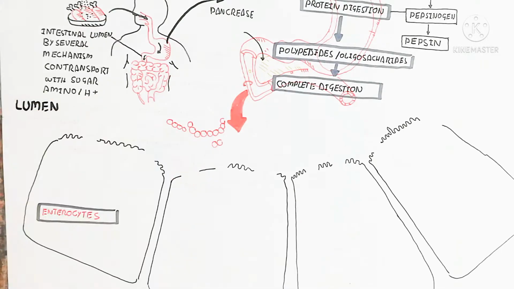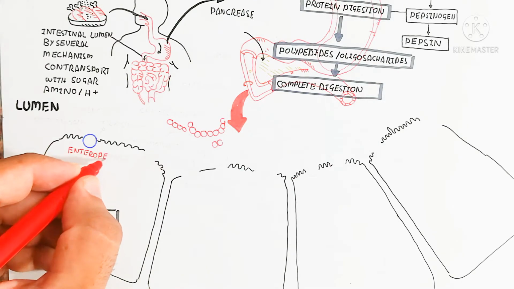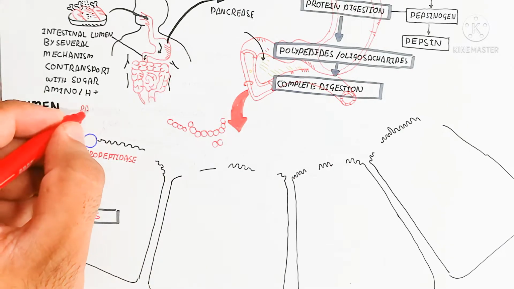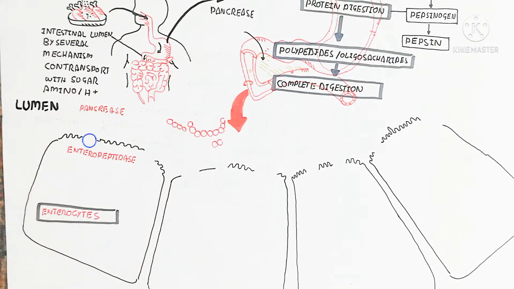Here the oligopeptides and polypeptides are present after semi-digestion in the stomach, and then they go into the duodenum.